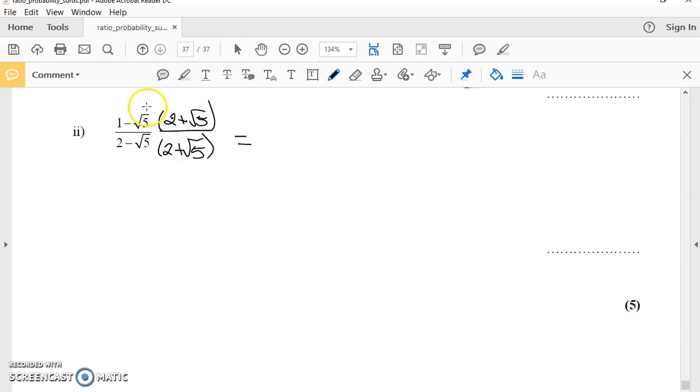So again, we're going to do first, outside, inside, last. 1 times 2 gives me 2, minus 2 root 5, plus root 5, and then minus root 5 times plus root 5 gives me minus 5. Okay, that's my numerator.